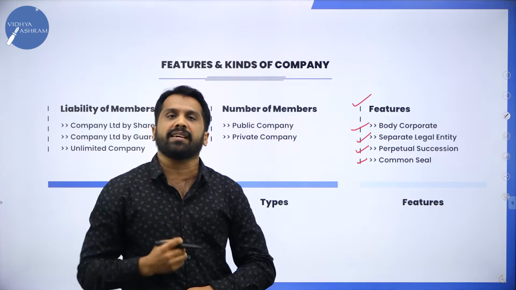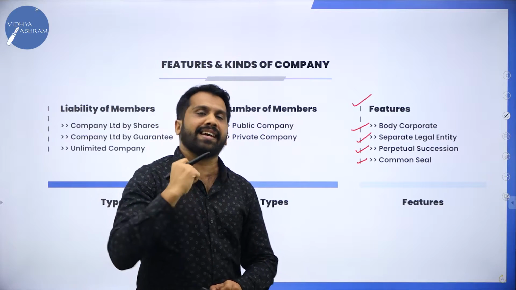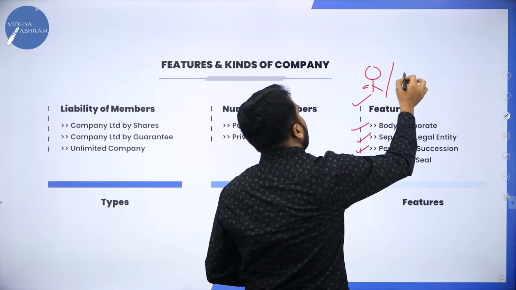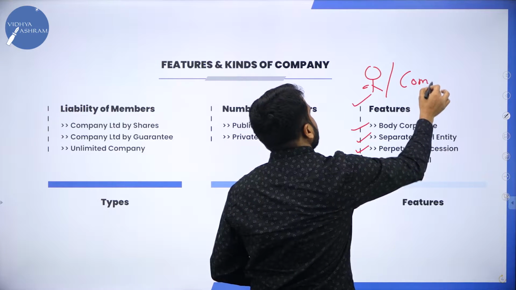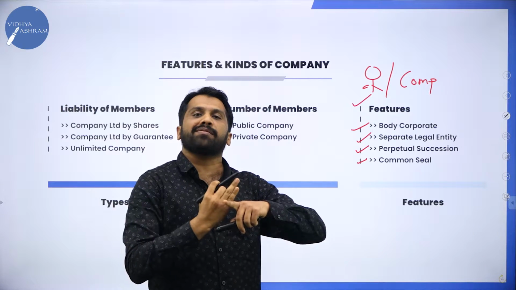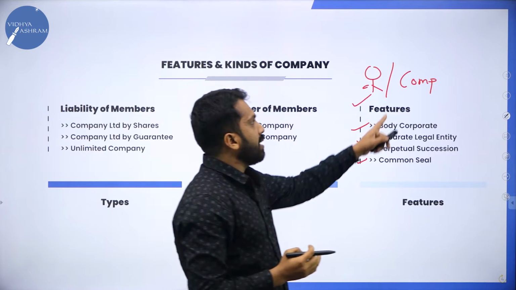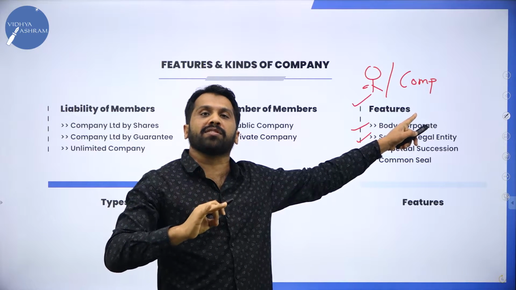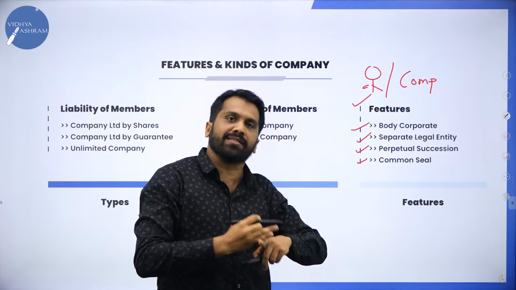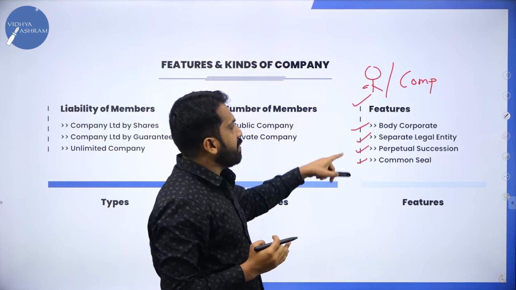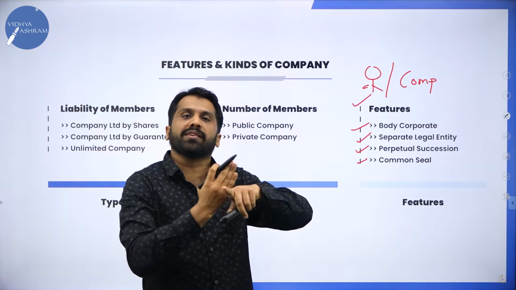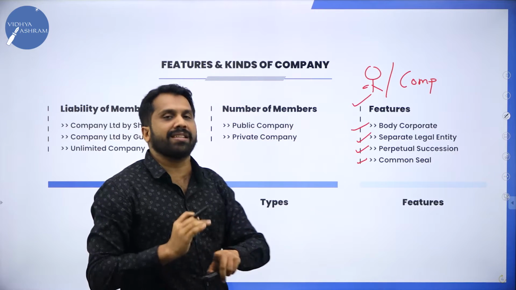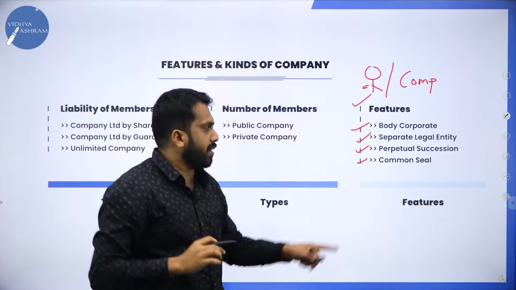What is separate legal entity? Separate legal entity means owner is separate and your company is separate. Whatever happens in the company, only the company is responsible, the owner will not be responsible for anything. Because as per separate legal entity, owner is separate, company is separate. So in detail not required, only points you have to remember.